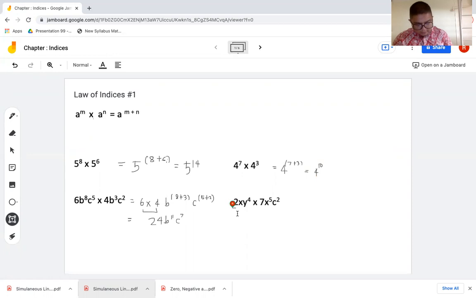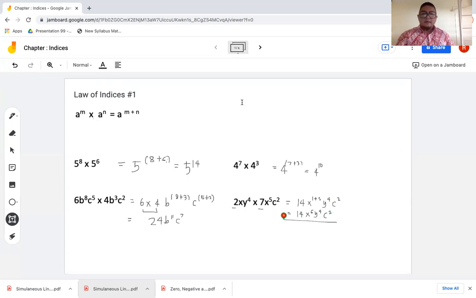We're going to get 14 times x raised to 1 plus 5. And for y, since there is no particular value for the y, it will remain the same. And c is also going to remain the same, so c squared. So from here, you will now have 14x raised to 6, y raised to 4, and c raised to 2.